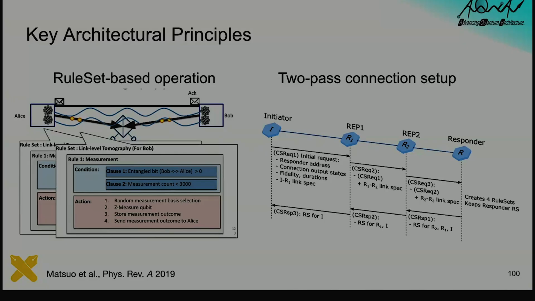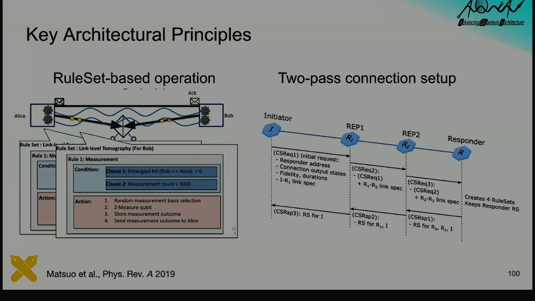So we defined instead what we call the rule set-based operation. Those rules are essentially a single small one-way circuit for: when I get a message that says that I have an entangled Bell pair with another node, then this is what I'm going to do with it.